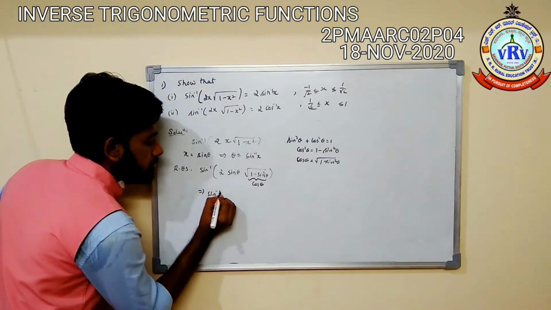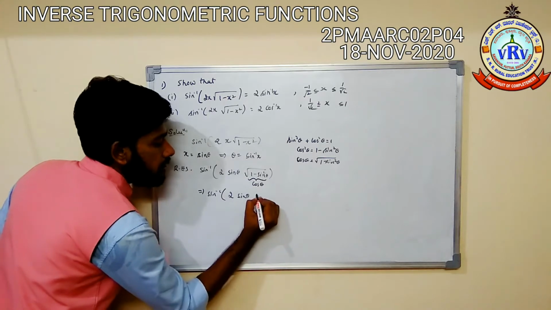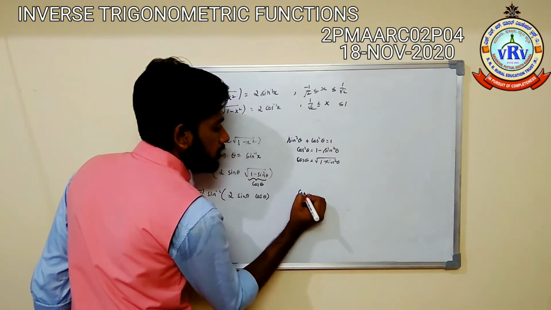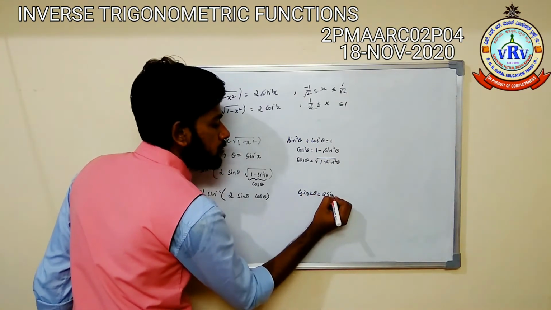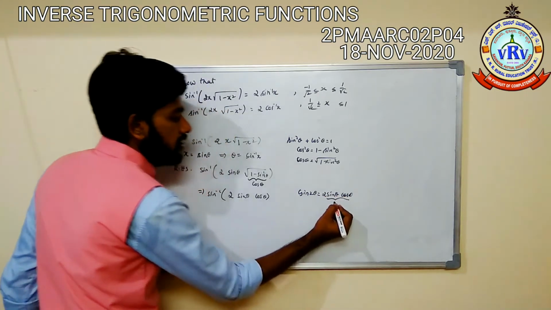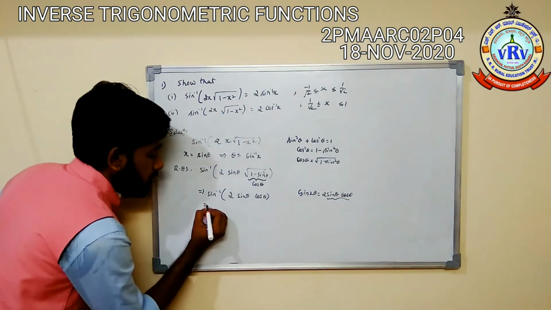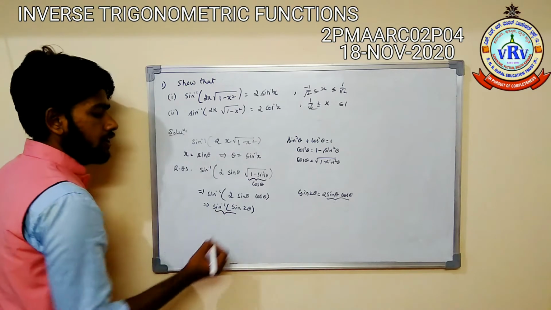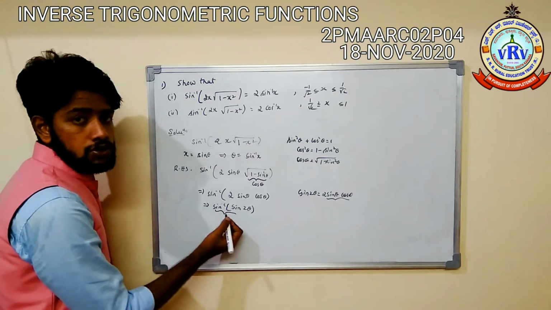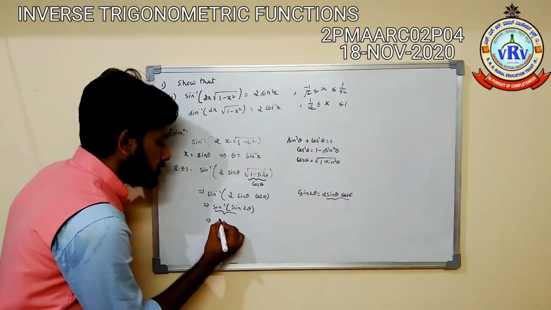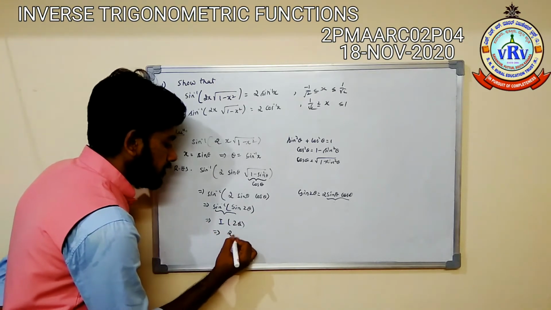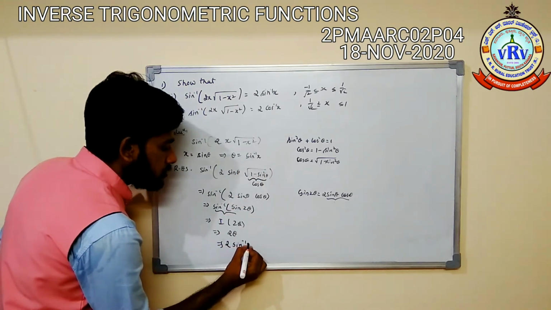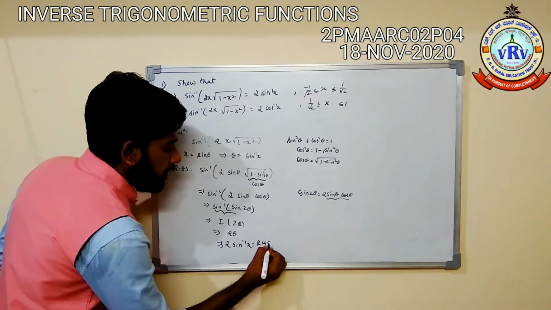So this expression becomes sine inverse of 2 sine theta into cos theta. And we know sine 2 theta is equal to 2 sine theta cos theta. So the same expression we get inside the bracket. So it is sine inverse of sine 2 theta. You can observe we are getting the composition of two inverse functions, so it is the identical function of 2 theta. It will return 2 theta itself. That is nothing but, since theta is sine inverse of x, this is 2 sine inverse of x, which is nothing but the RHS.